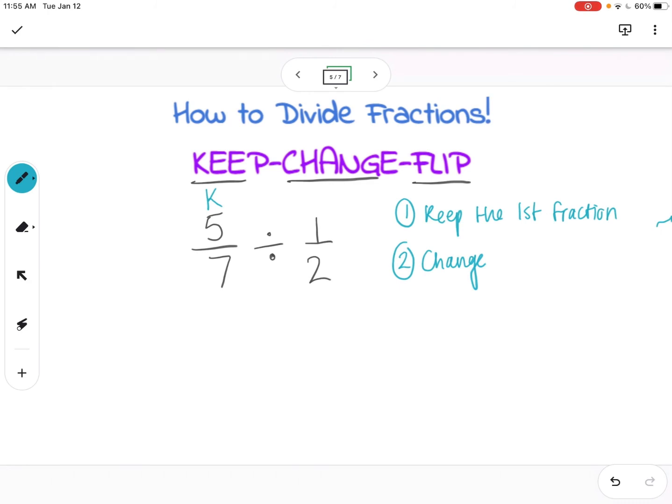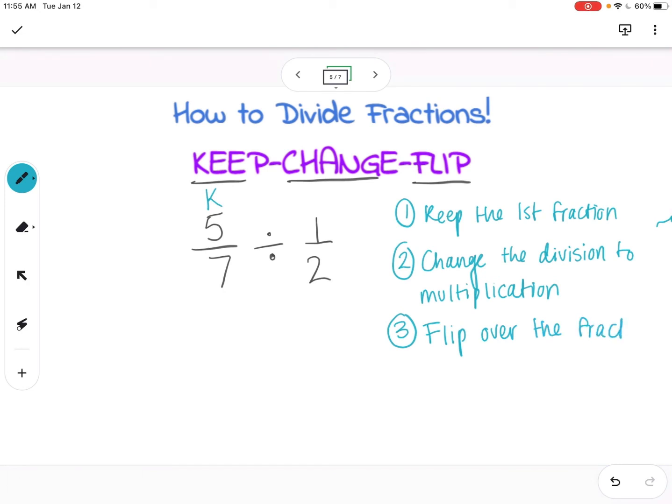We change the division to multiplication. And the very last step is flip. And we are going to flip over the fraction to create the reciprocal. What's a reciprocal? It is just the flipped over version of a fraction.